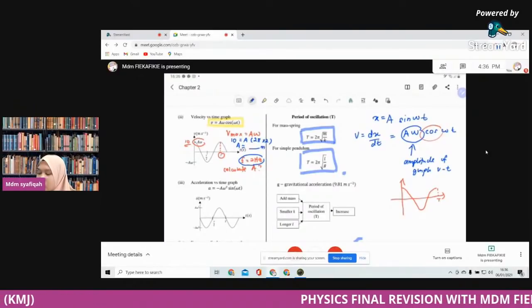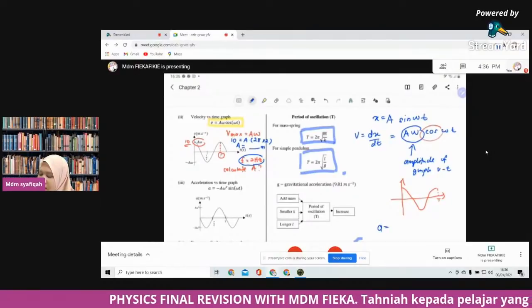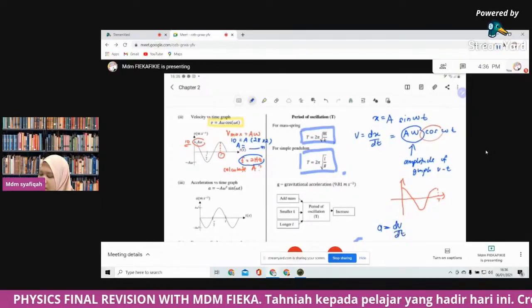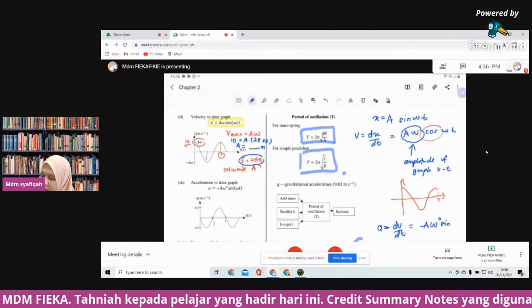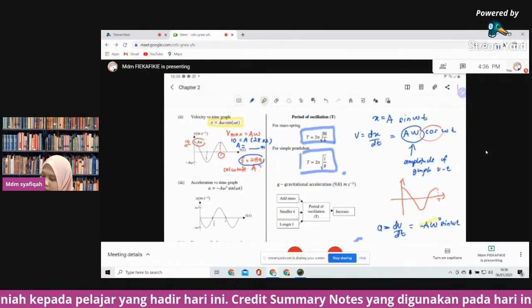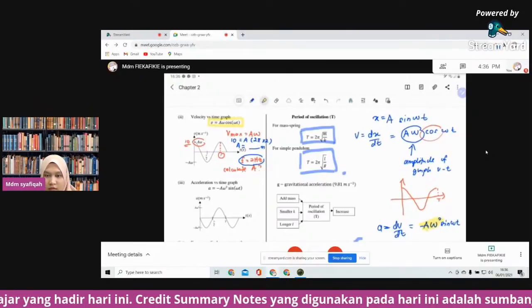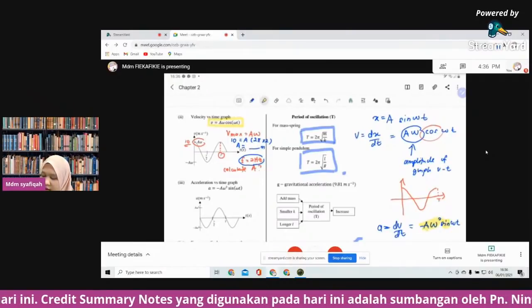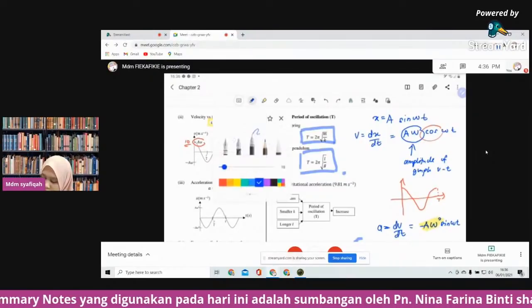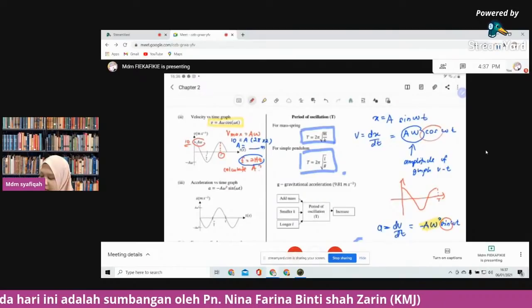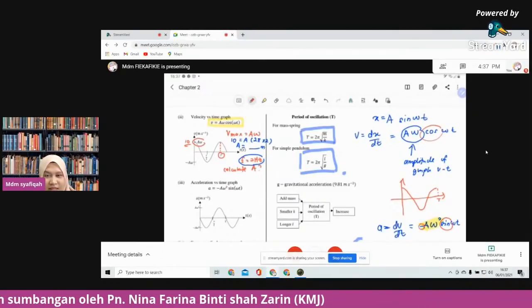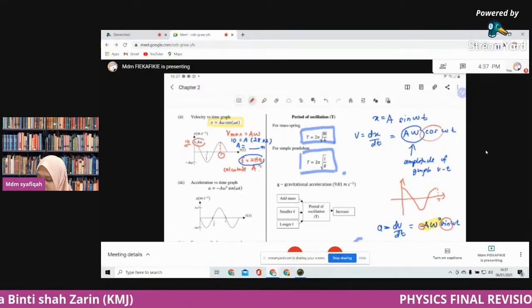Okay? So now when we differentiate equation V, a is equal to dV over dt. So it's equal to negative A omega squared sin omega t. Okay? So this is the graph sine, tapi ada negatif dekat depan means that the graph of inverse sine graph. Okay?